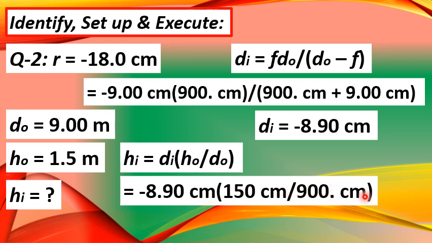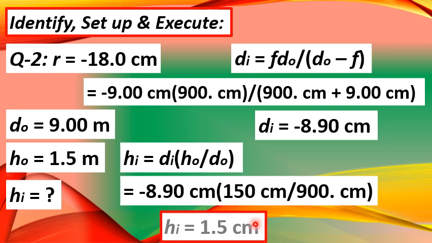So again, doing the math, we will get the magnitude of the height of the image hi equal to 1.5 centimeters in two significant figures.